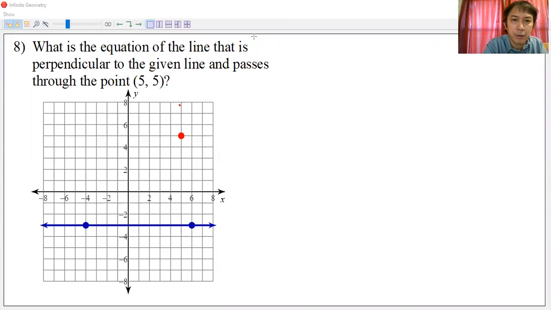we're looking for the equation of this line. We're after that line. Perpendicular to the blue line: if the blue line is perfectly horizontal, then the perpendicular line to it is perfectly vertical.